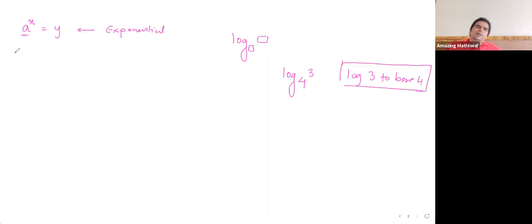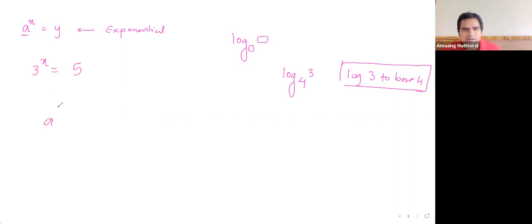Now coming back to the conversion: how do we convert an exponential relation to a logarithmic relation? Let us say you've got 3 to the power x equals 5, and I wanted to write this exponential relation as a logarithmic relation. I would categorize this in different terms.